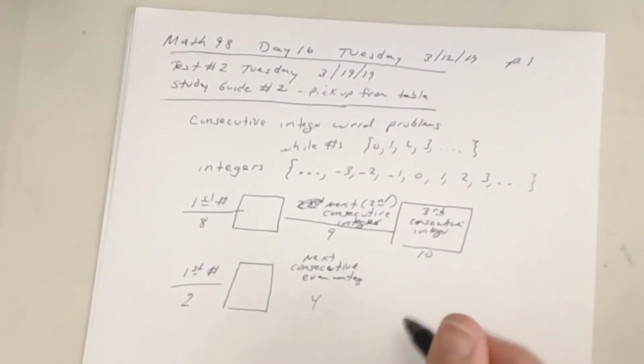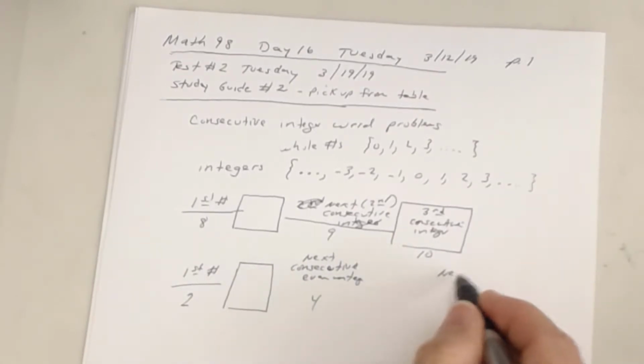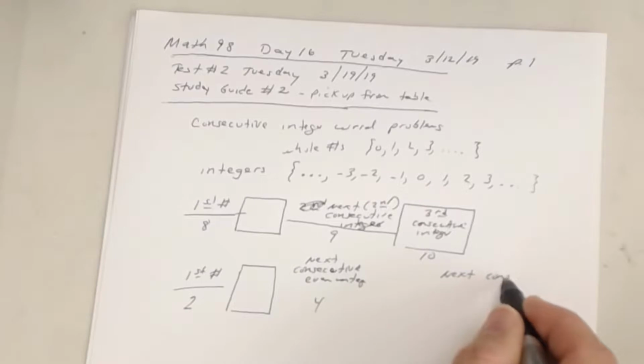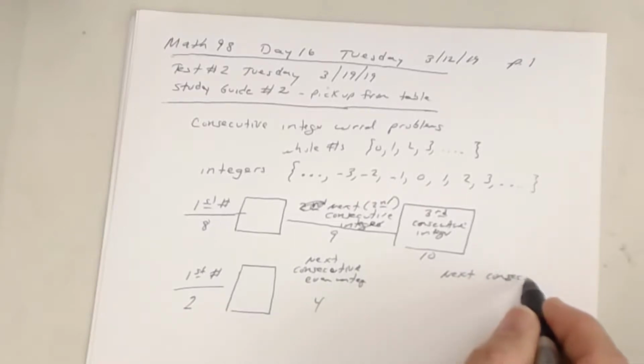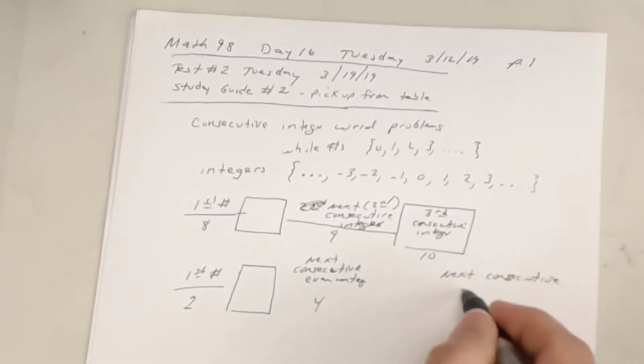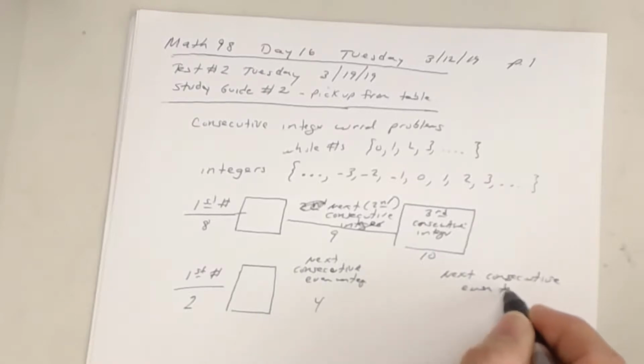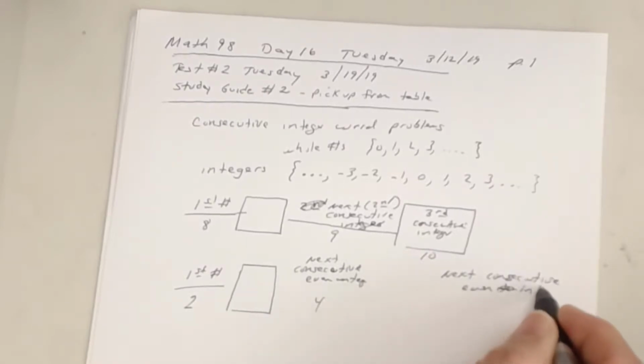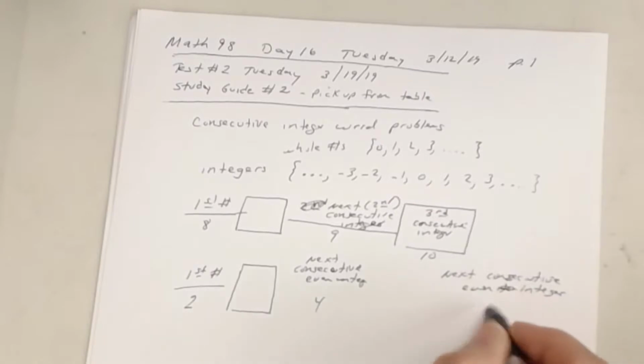You agree? And then the next consecutive even integer would be what? 6. Okay?